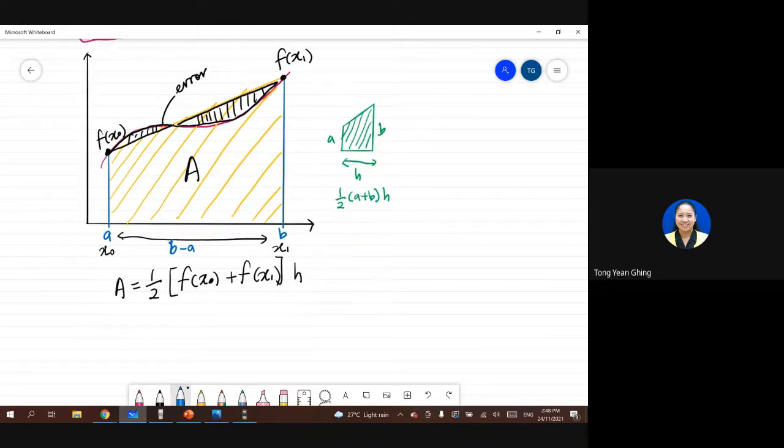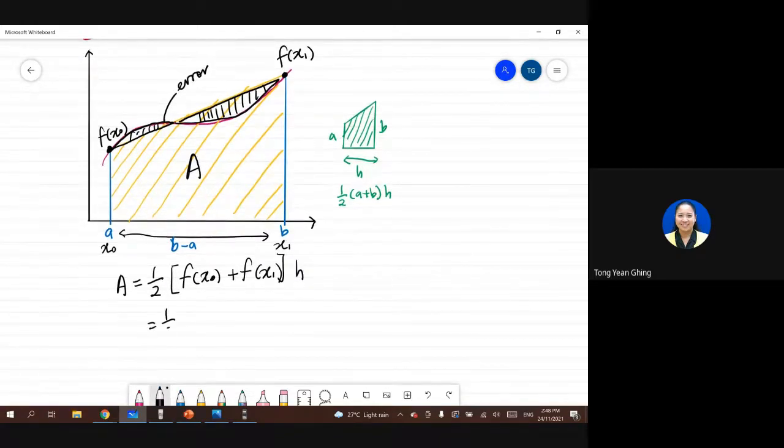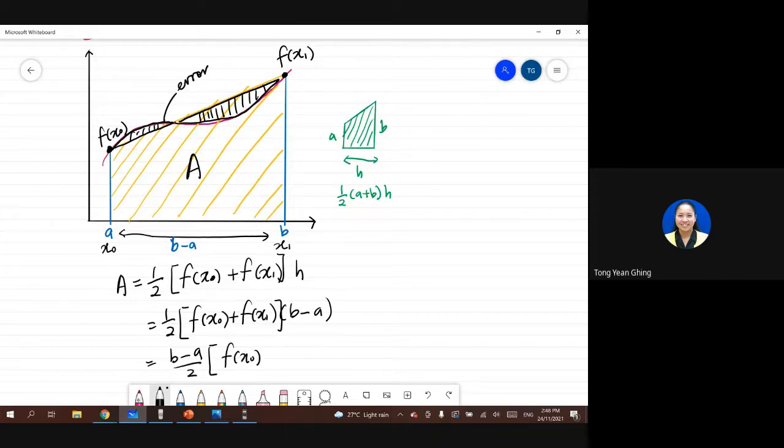So the area is (b minus a) over 2 times f(x0) plus f(x1). This is to get the area.